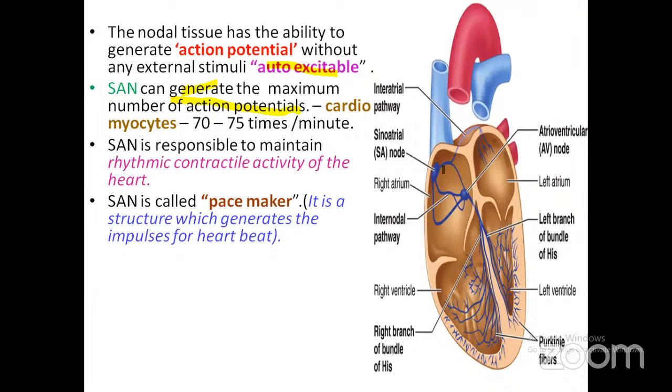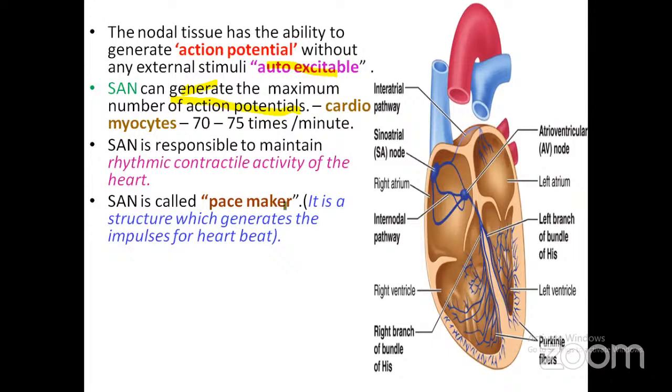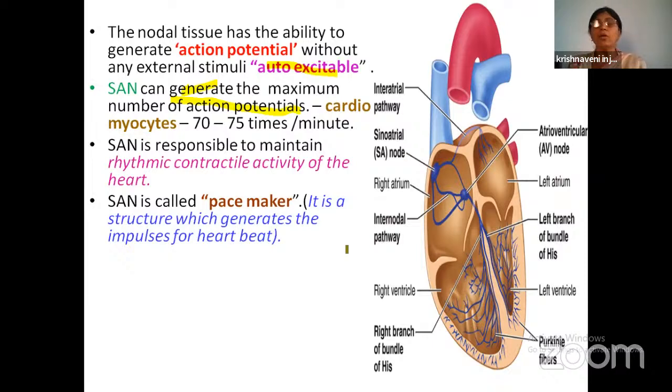And that's why it is called the pacemaker. A pacemaker is a structure which generates the impulse of the heartbeat. You know that if the sinoatrial node is not able to function properly naturally, then externally a device called a pacemaker is inserted into our body, near the connection of the shoulder bone and neck bone.